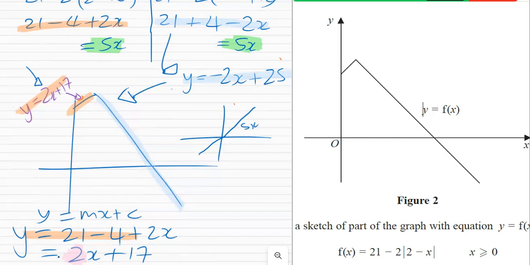And it's most likely going to touch the negative line. It's not going to touch the positive line. We can make sure of that by finding this exact x, which is the next question, so I'm not going to go into that for now.